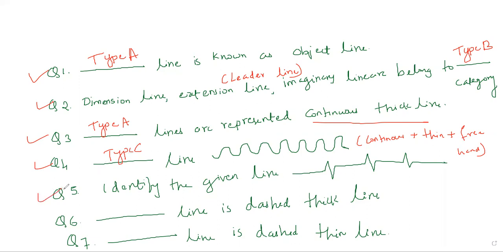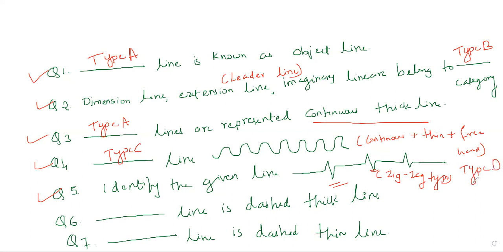Let us go for question number 5. Identify the given type of line. You can see some kind of zigzag. Am I right or not? Zigzag type, it is very clear. It is a continuous line, obviously. If you find this kind of line, please include it in the type D category.